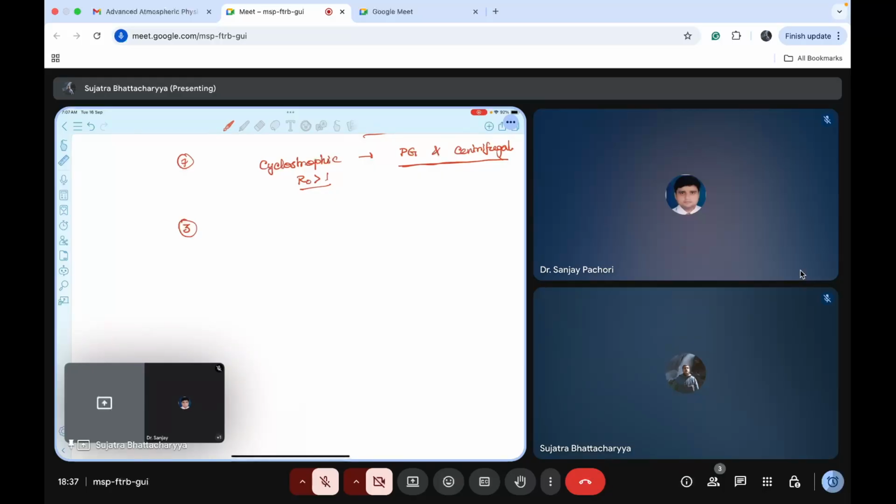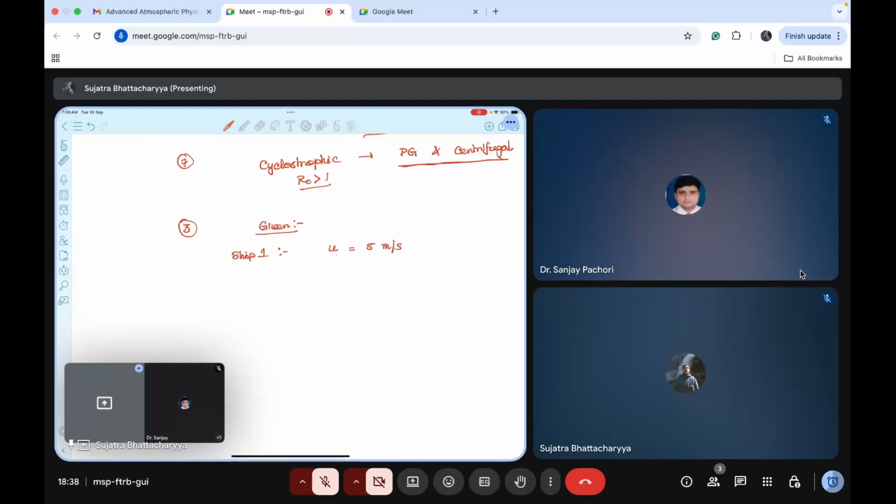What has been told to us is that there are three ships. So let us see what the given conditions are from the question. There is ship one, where u is equal to 5 meters per second.